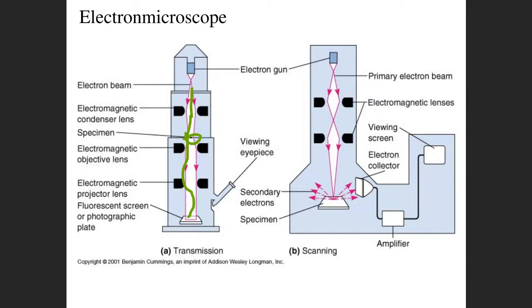The difference between transmission and scanning is that in scanning the electron beams hit the sample, and you collect the reflection. Now, it is very, very important you understand that living organisms all have carbohydrate molecules, right?